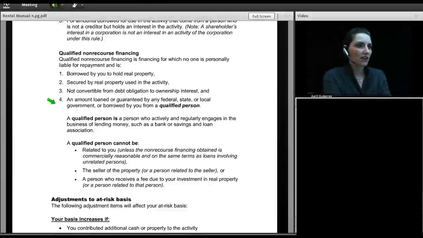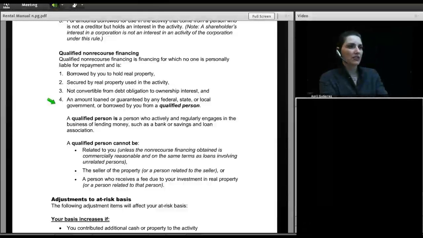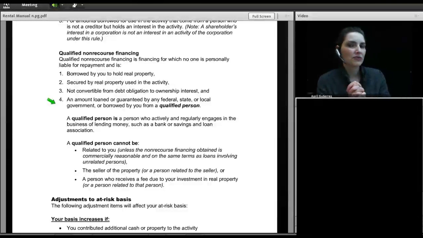There's a debt on the car. The only recourse the bank has is to repossess that car. You transfer that car into the partnership and want to increase your basis by putting that car into the partnership. Because it's a non-recourse loan, not against real estate, you would not be considered to have added to your risk in the partnership. You're not at risk for the car under those rules.